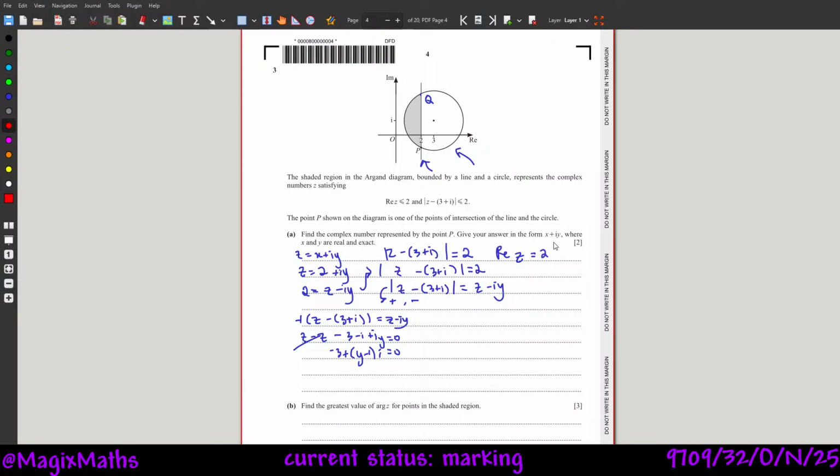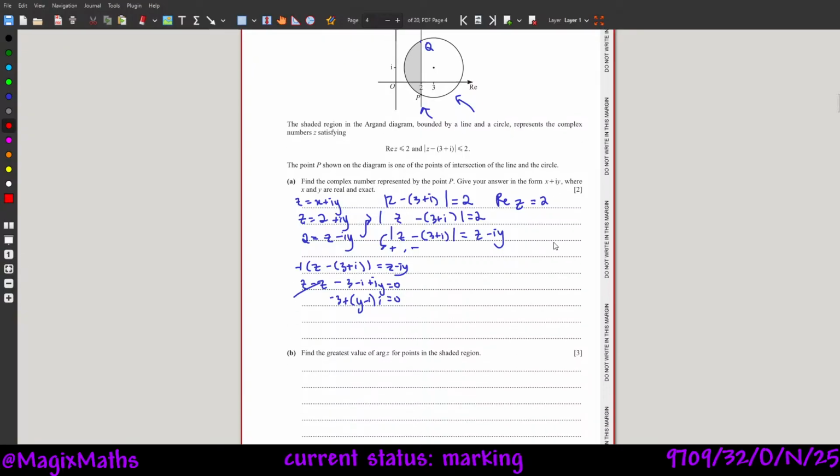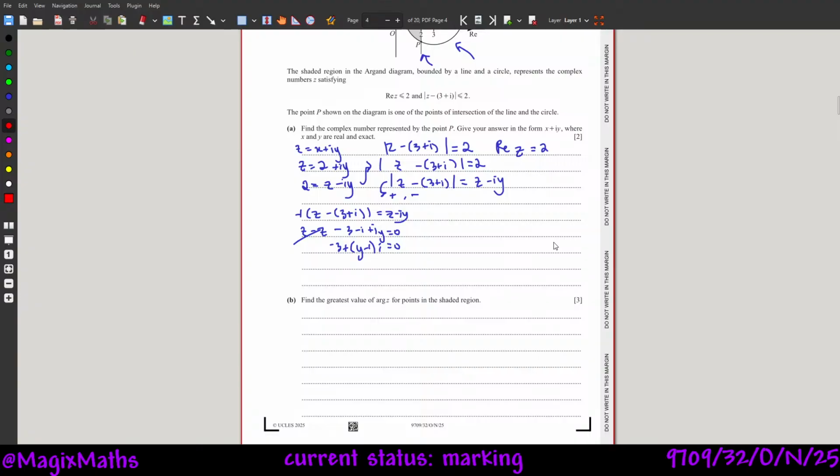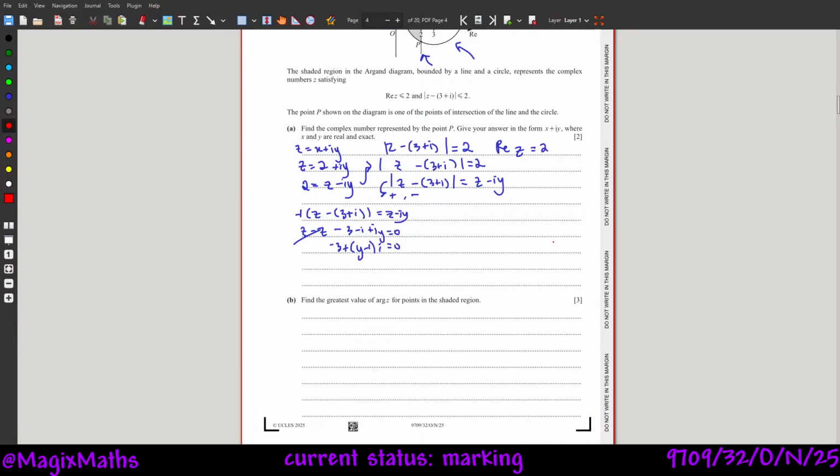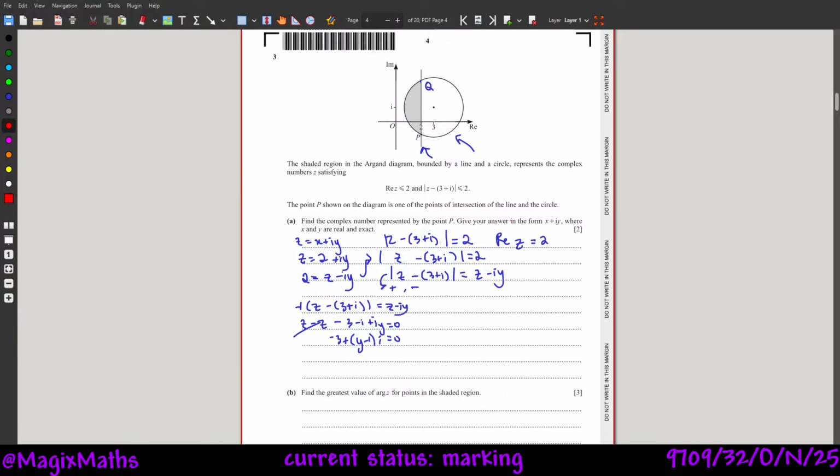So it appears I was quite stupid in doing all this not important stuff. So what we could have done was, since this is 3, 2, so my brain was probably not activated enough.